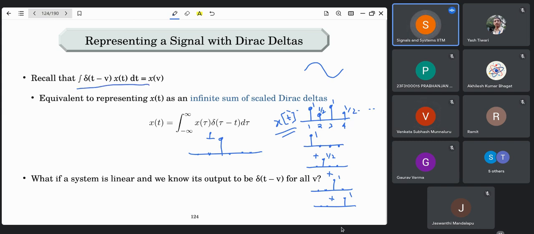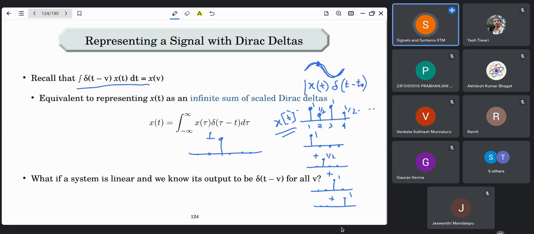So in the continuous time, when we have a signal which is continuous over time, in order to get the signal's value at any one point, what will we do? If the signal is x of t, and I want to represent the value of the signal at only one point, then I'll say delta of t minus t naught. This represents the signal value at x of t naught.